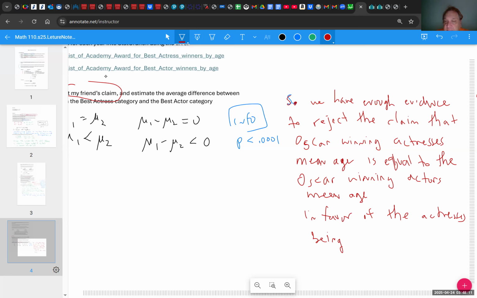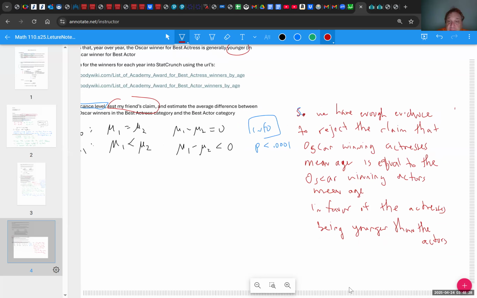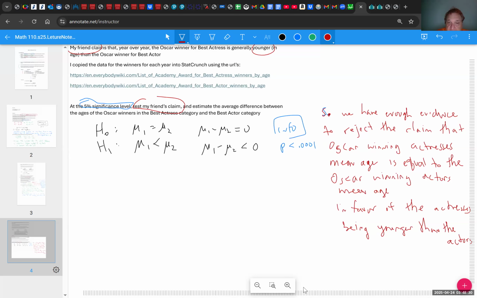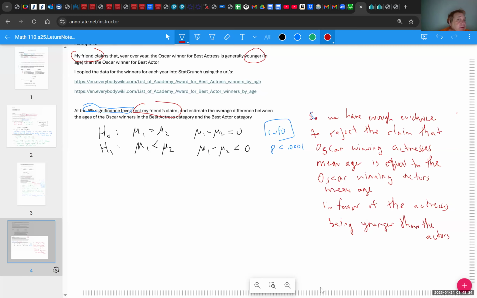So not just different, but actually being younger than the actors. All right, so that's the gist of the hypothesis test for this matched pair to population comparison. Okay, so let's just quickly do the confidence interval to finish this up.